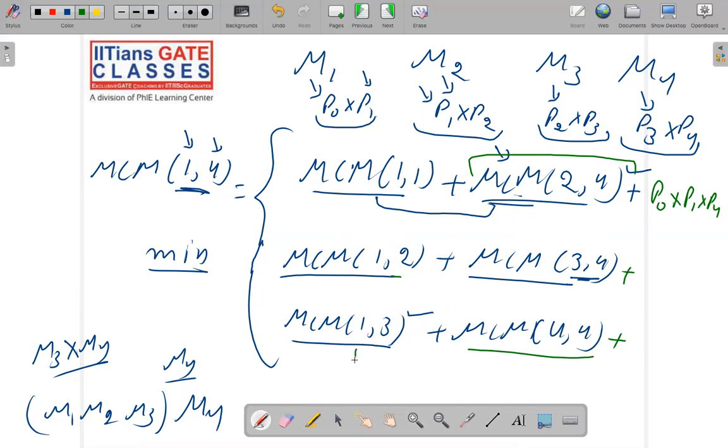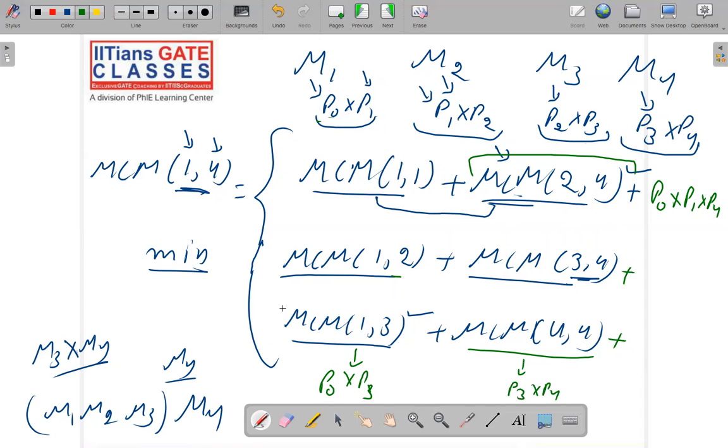Okay, what will be the end matrix for 1 to 3 for this one? It will be P0, P3. After multiplying 1, 2, 3 in any order, in any possible order, the end matrix will be P0 multiplied with P3. Here, the matrix has the dimension P3, P4.